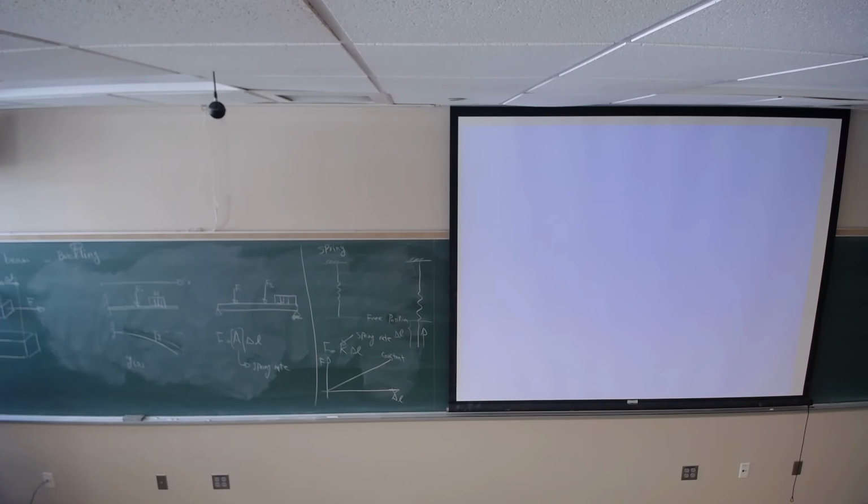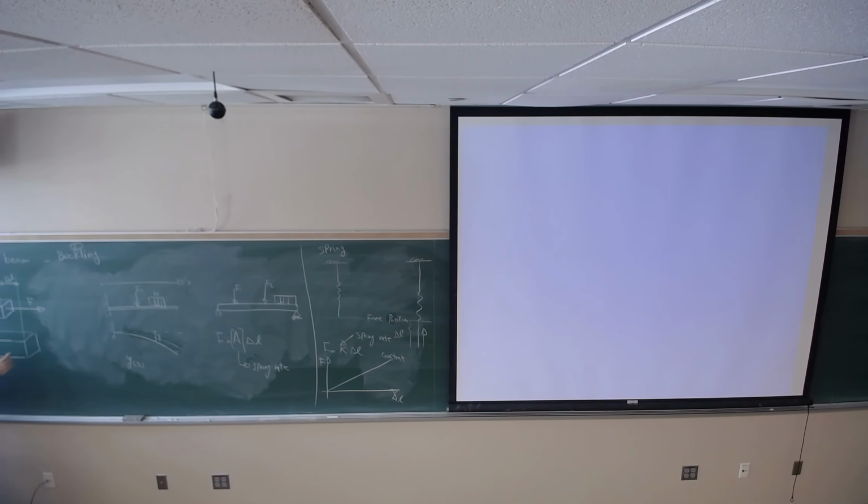If the length of bar is L, due to this force, we are gonna have some elongation on the bar, and it's gonna make it like this with the elongation of delta L.